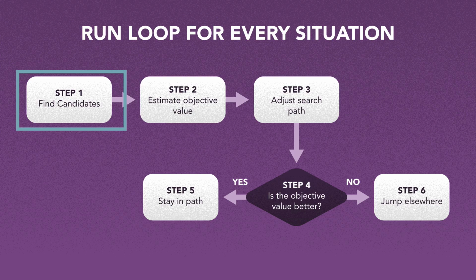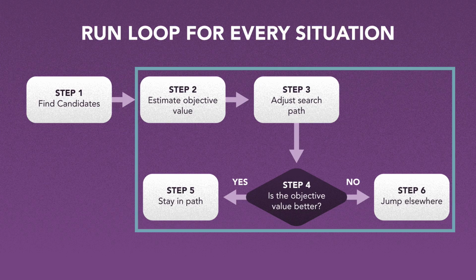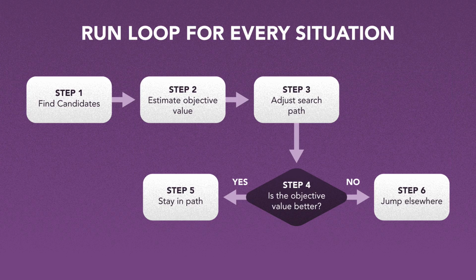Step 1, find a set of candidate solutions. Step 2, estimate objective value for each candidate using the pre-trained learner, and adjust search path and neighborhood based on this. If the objective value is getting bigger, stay and search in the neighborhood. If not, jump to a different part of the solution space.